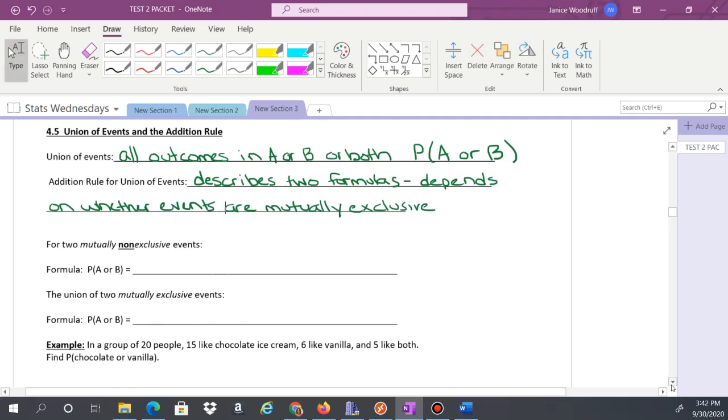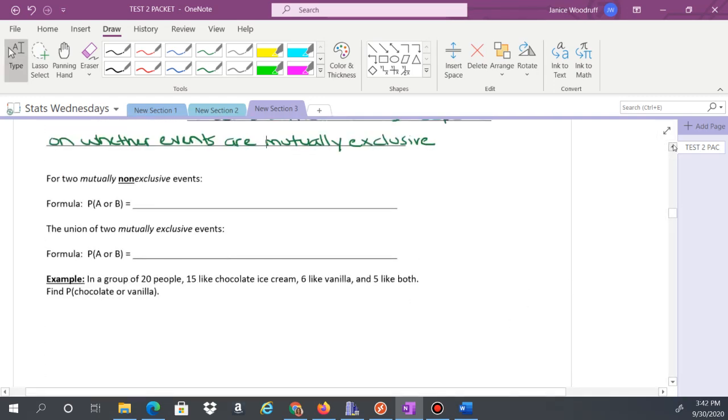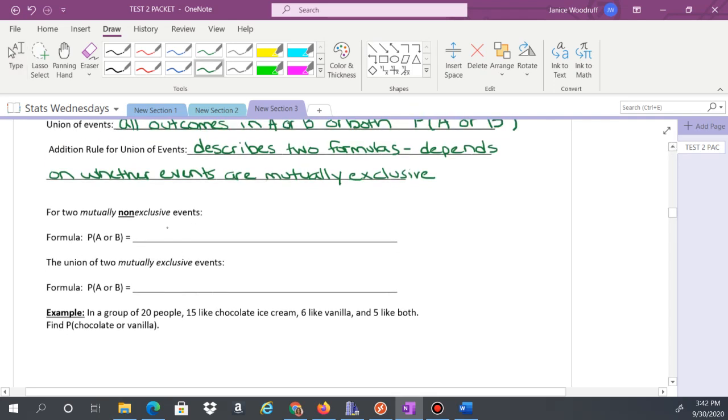For two mutually non-exclusive events, the formula will be like so, the probability of A plus the probability of B minus the probability of A and B. For two mutually exclusive events where they cannot happen at the same time, then you're just adding probability of A plus probability of B.